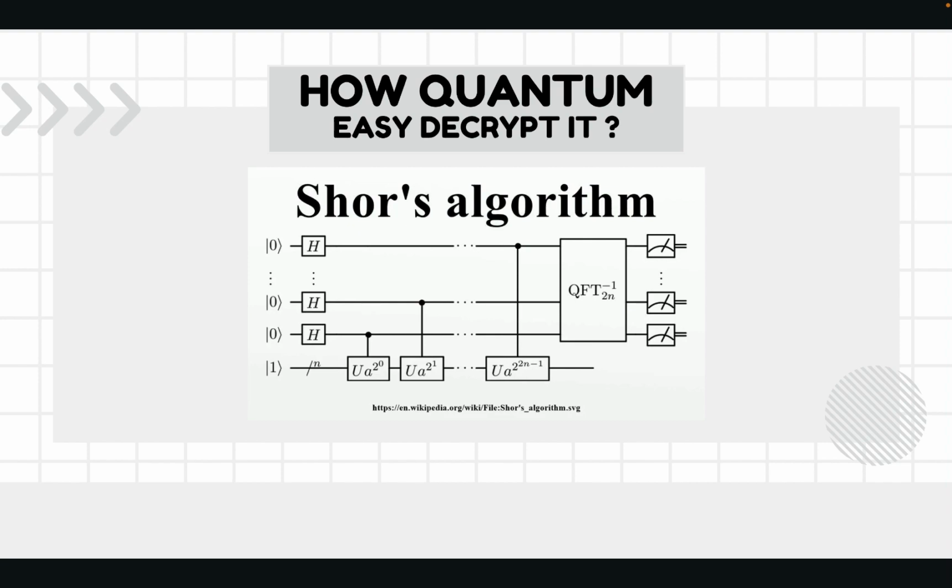The superposition that we talked about in the previous slide is that a quantum computer can represent 1 and 0 at the same time. Not only quantum superposition, the quantum computer also has quantum entanglement, where the state of one qubit instantaneously influences the state of another, no matter the distance between them.